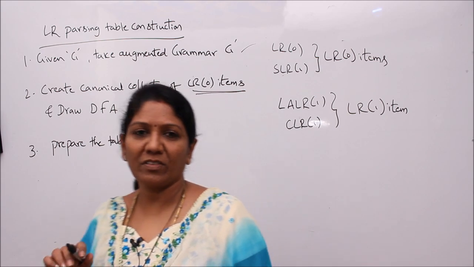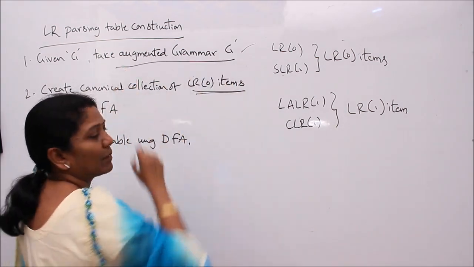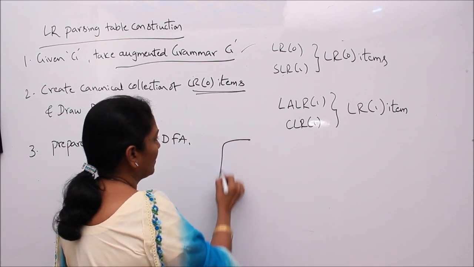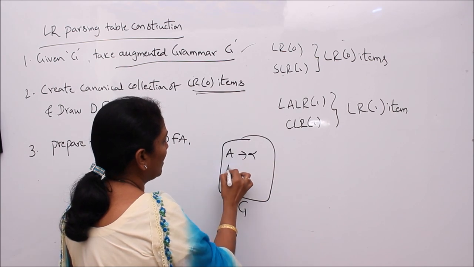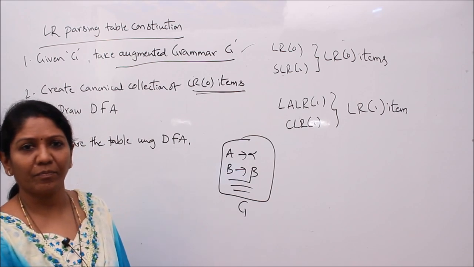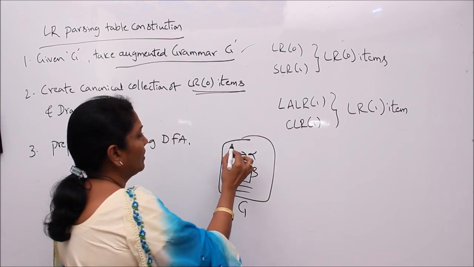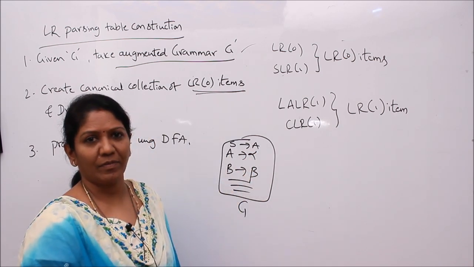Given a grammar, first step is take augmented grammar. What do we mean by augmented grammar? Suppose G is a grammar with some set of productions like A to alpha, B to beta, something like this, with S to A, S as a start symbol.